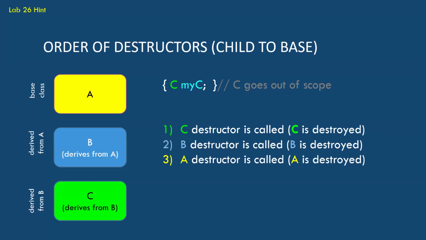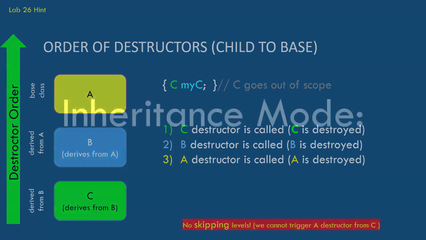If you create some dynamic memory in A, and then maybe you depend on that in B, and then in C, you need to destruct in the reverse order. We'll see that in our lab today: if you put a little message in your destructor, you'll see that calling order shown to you.